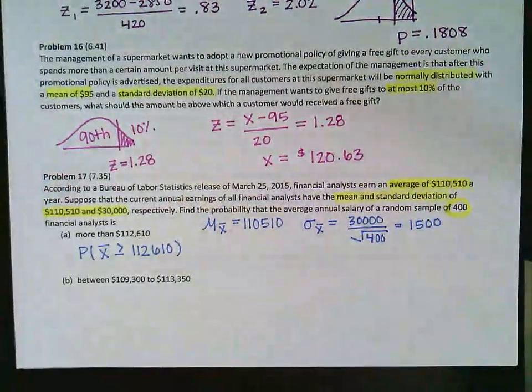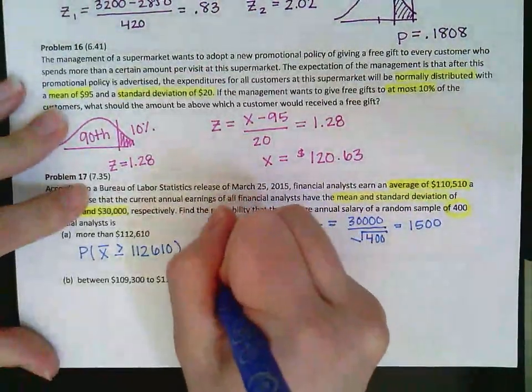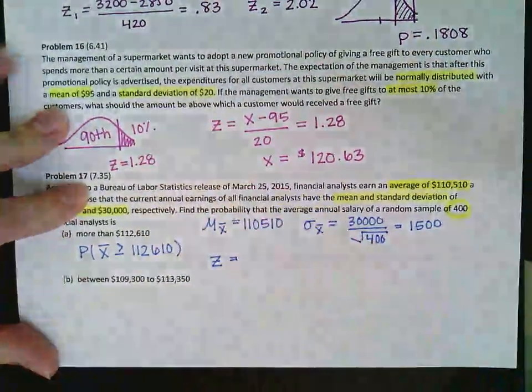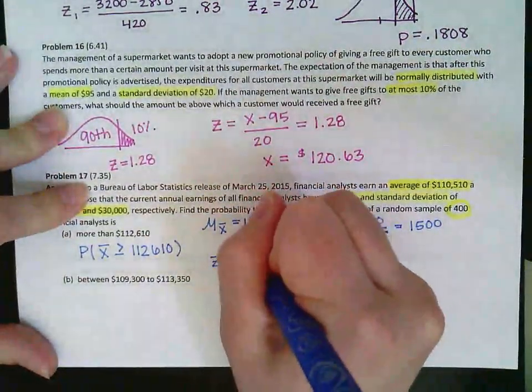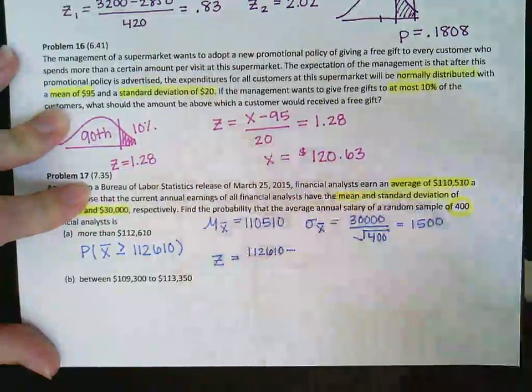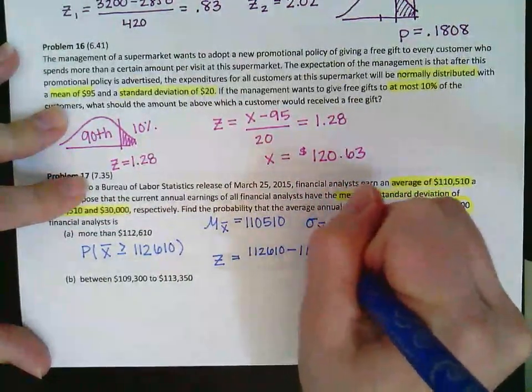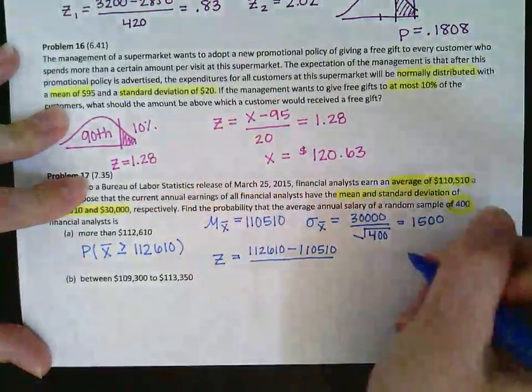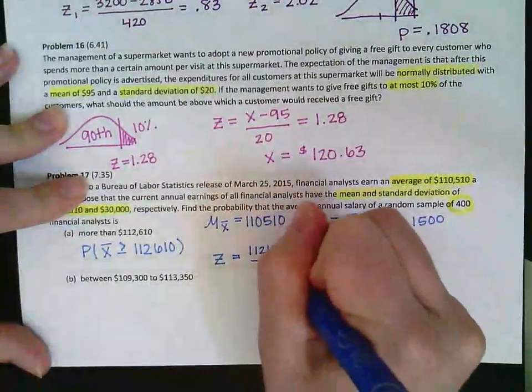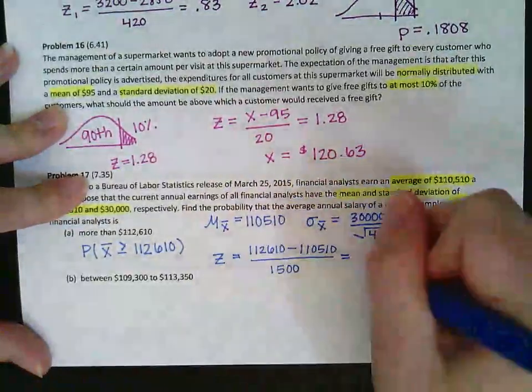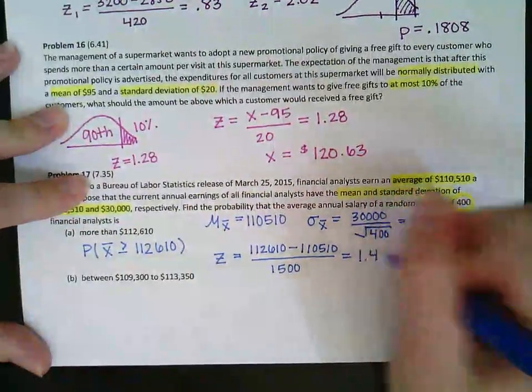So when I find my z-score on part A, I do my x bar value minus my mean, all over the standard deviation for the sampling distribution, and I get a z-score of 1.4.